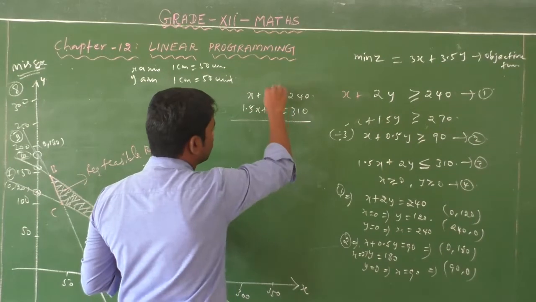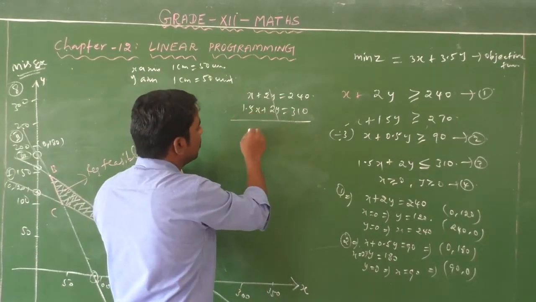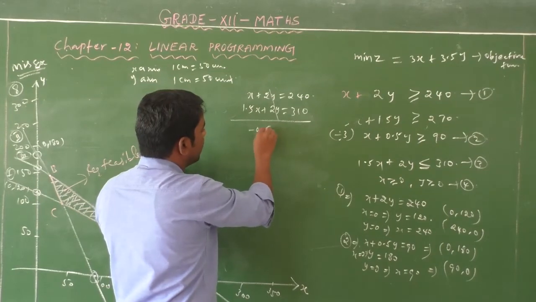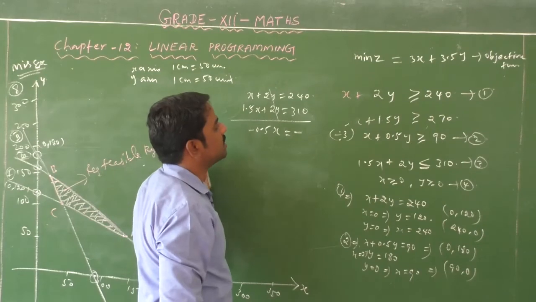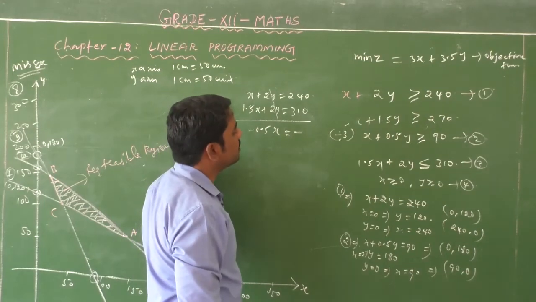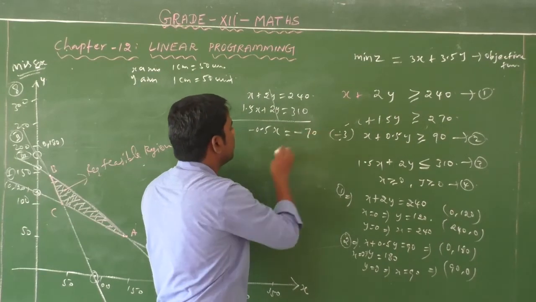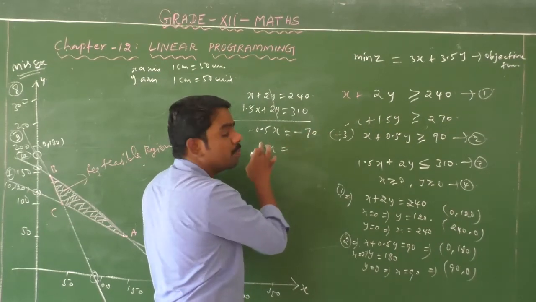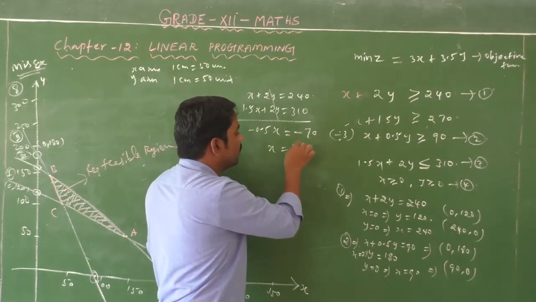Subtract these 2 equations, the 2y cancels. x minus 1.5x is equal to minus 0.5x equals 240 minus 310, which is minus 70. So x equals 70 divided by 0.5, that is 2 into 70, which is 140.